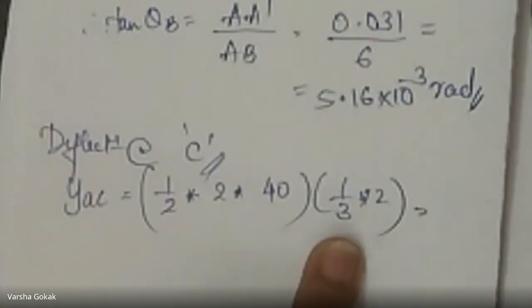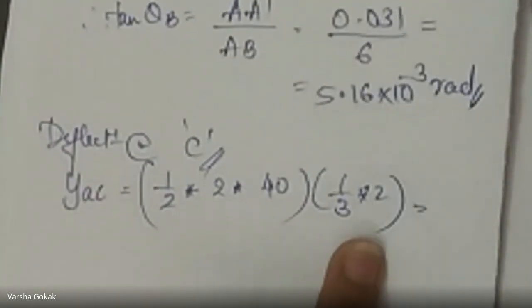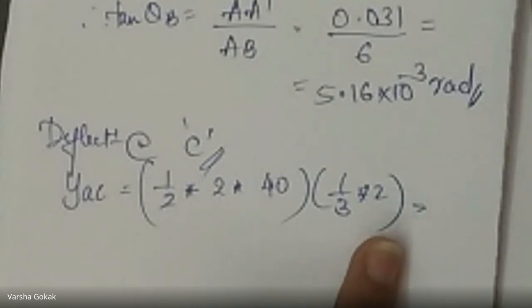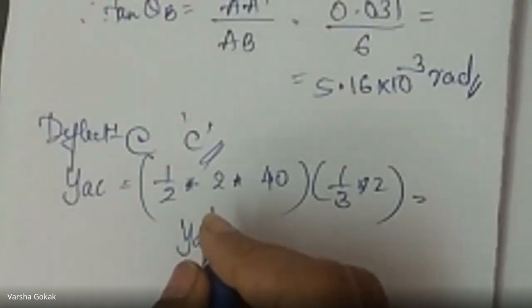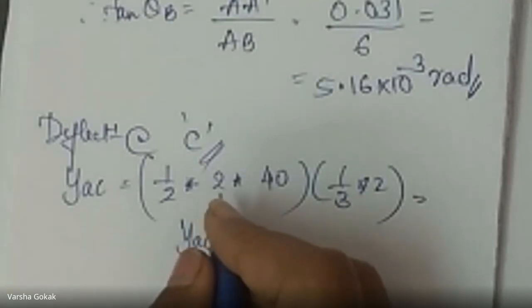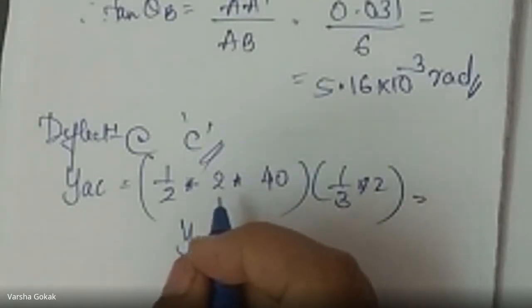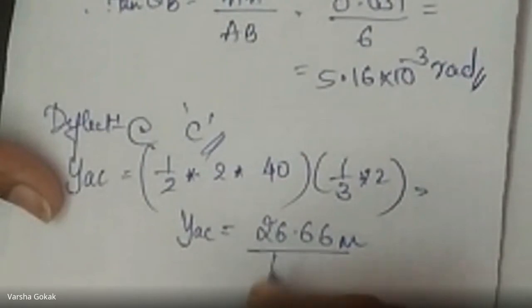Moment center is C point. So 1/3 of 2. I took the first triangle. How much is this? 26.66 meter divided by EI.